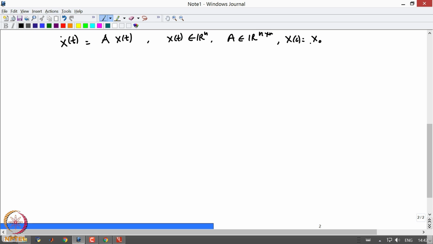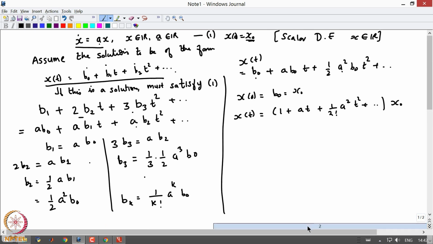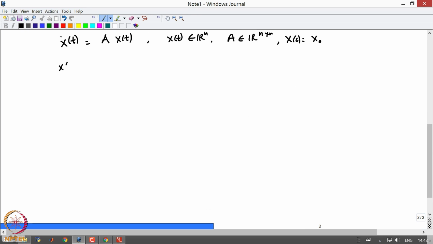Let me write similarly as I did in the previous case. Let me assume that there is a solution which looks like this. x of t is, now these are all vectors, b 0 is a vector plus b 1 t plus b 2 t square and so on. Now, how do I verify, assuming this is a solution, what the b's are? It will be the same problem for me. I differentiate this and substitute the value of x into this given differential equation.